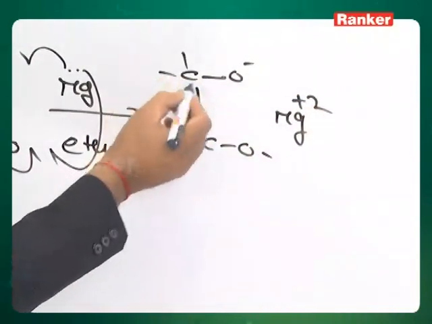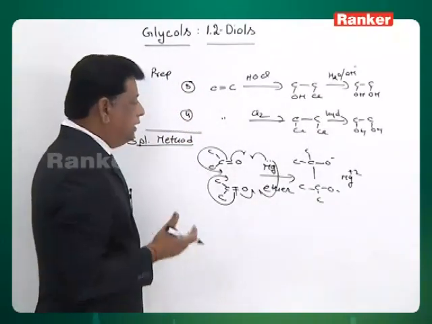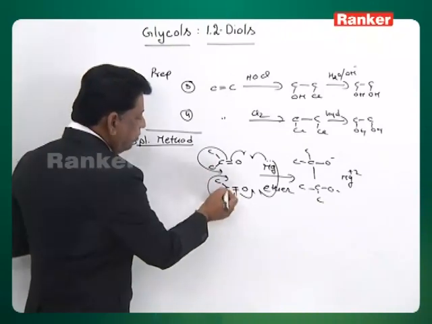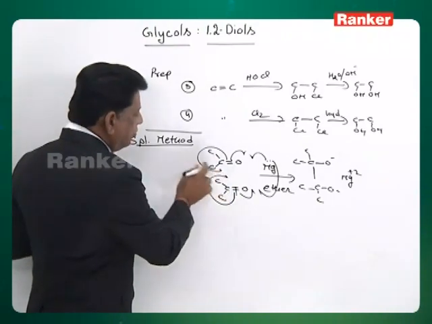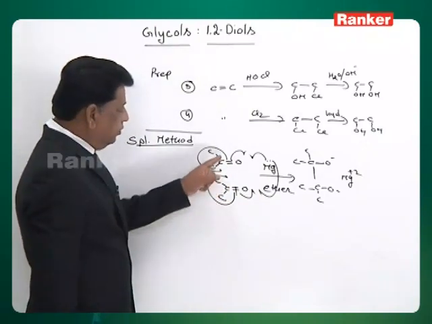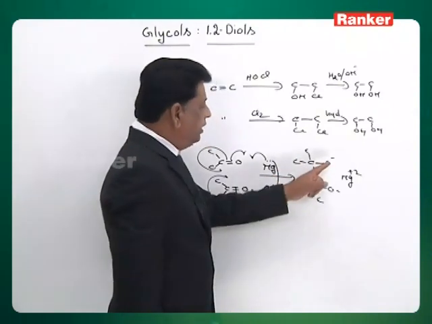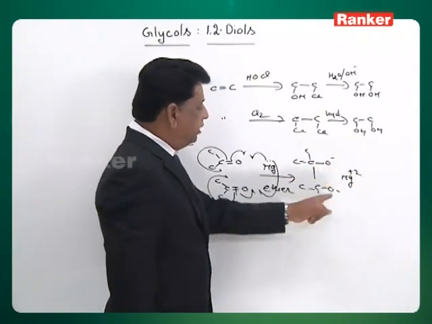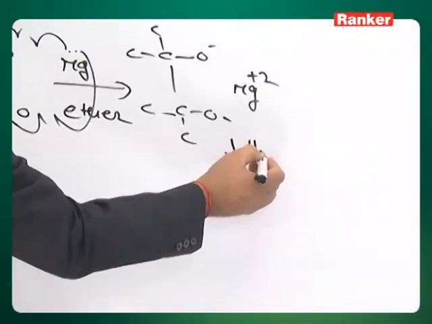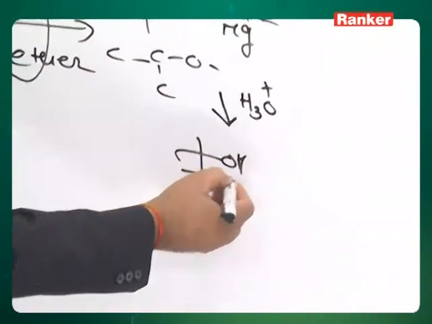A glycol salt is formed actually, not directly the glycol, the magnesium salt of the glycol. A new bond is formed because one electron from here and one electron from here make a joining between the ketone carbon and the ketone carbon. So the two ketones are joined, but a magnesium +2 salt is formed. On hydrolysis or acidification of the salt, you will get the glycol, that is OH and OH.